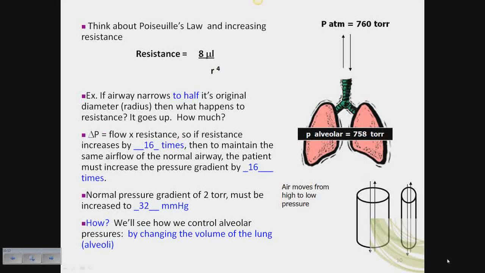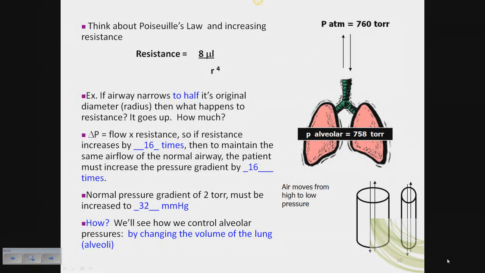Flip that around to calculate resistance, and that means resistance has increased 16-fold. Now, if you want to maintain the same airflow, but your resistance has increased 16-fold, then what are you going to have to do to your pressure gradient to maintain the same airflow?